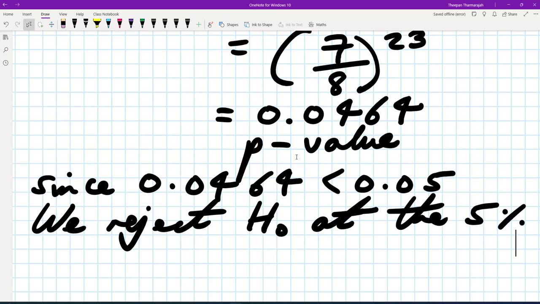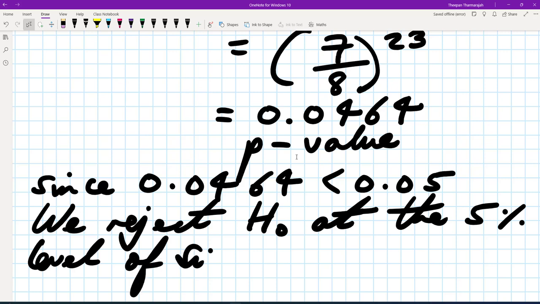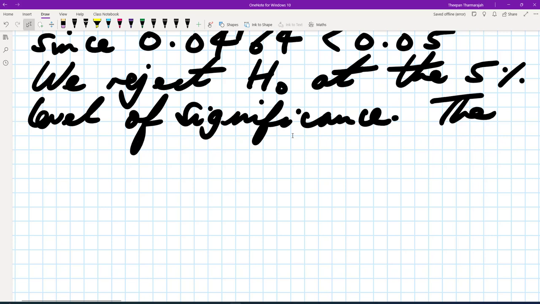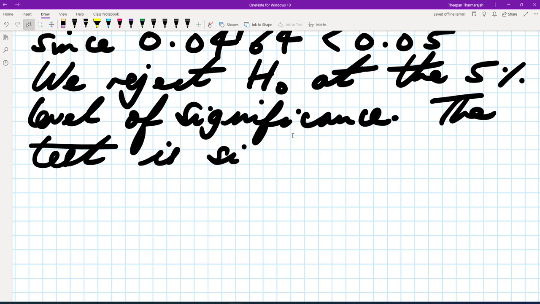At the 5% level of significance, we say the test is significant. The test is significant. That's why these things are known as significant tests as well.